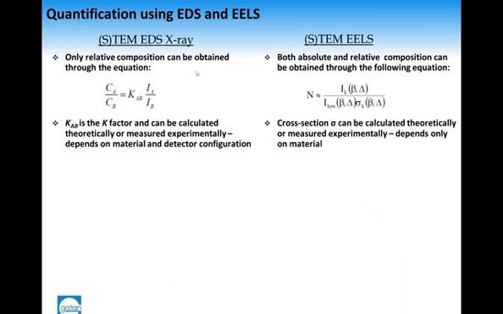So if we compare EDS and EELS for quantification, in general, if you look at EDS, the composition quantification is obtained using the Cliff-Lorimer method, where we have a relative composition, where the relative amount of element A over the relative amount of element B is equal to a coefficient, a factor called the K factor, times the intensity of element A over the intensity of element B of the particular feature for element A and element B. In general, what we need to know in order to work out the quantification is this K, which is called the K factor.